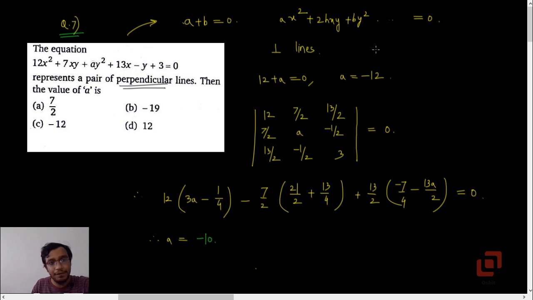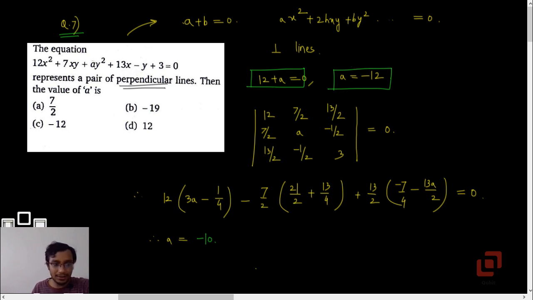Yes. So if we apply that, that is 12 plus a equal to 0. In this case, a is 12 and b is a. That will give us a as minus 12. Okay, and then the correct option becomes C.